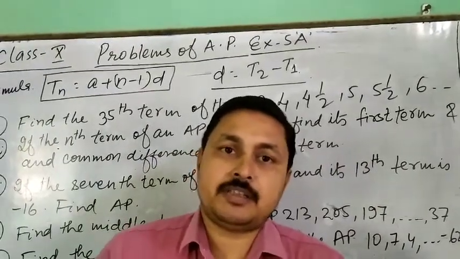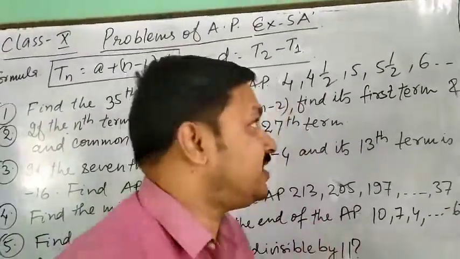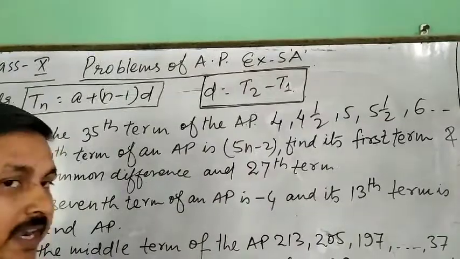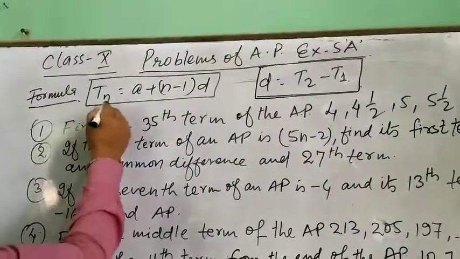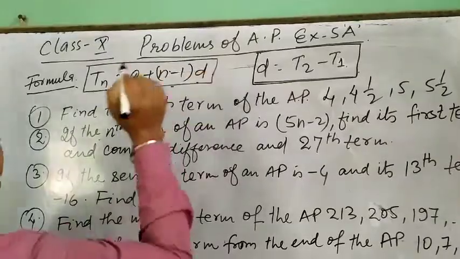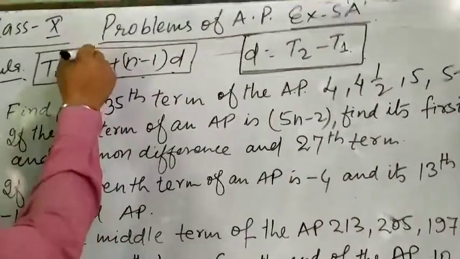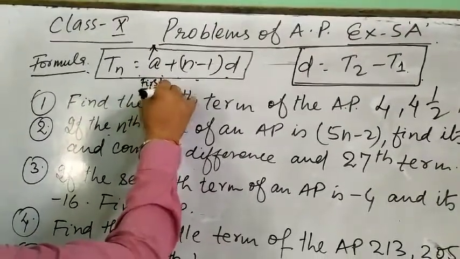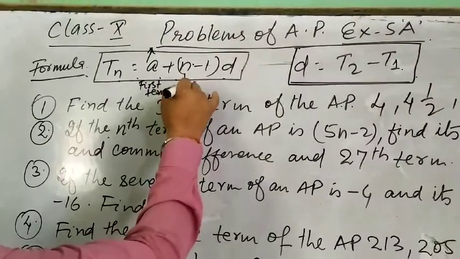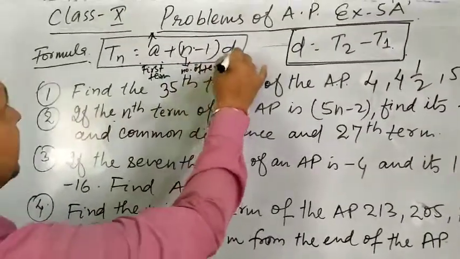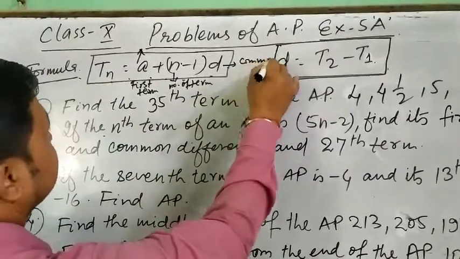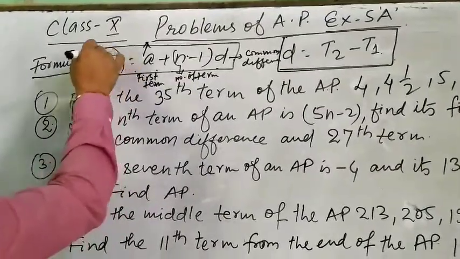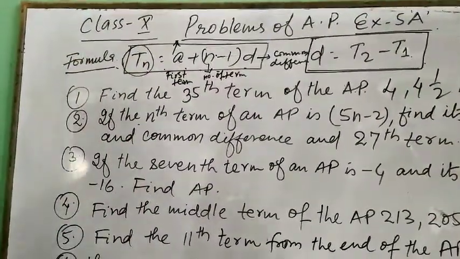To find the common difference D, D equals T2 minus T1. And another formula is Tn equal to a plus n minus 1 into D, where a is the first term, n equal to the number of terms, D equal to the common difference, and Tn equal to the last term, the value of the nth term.